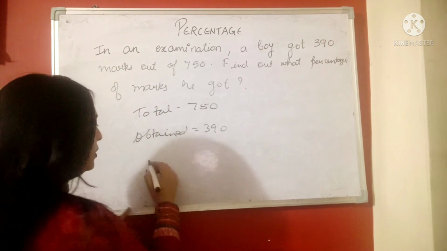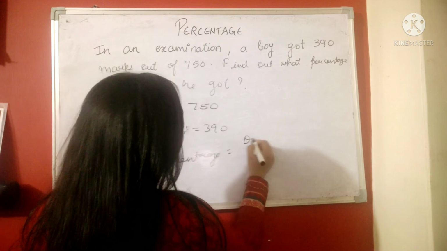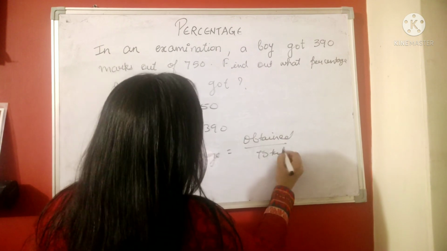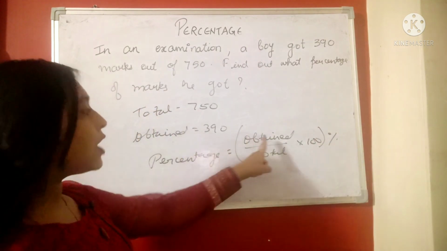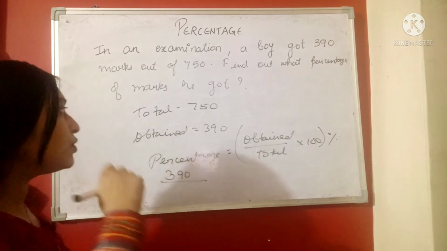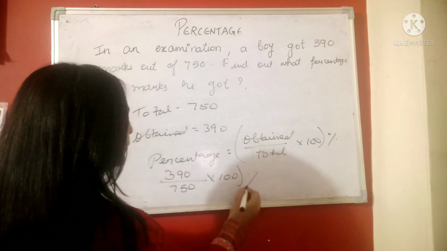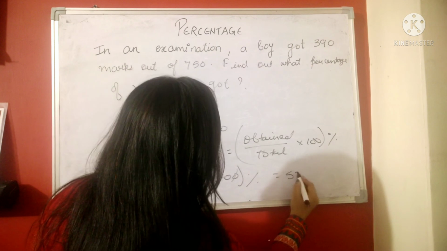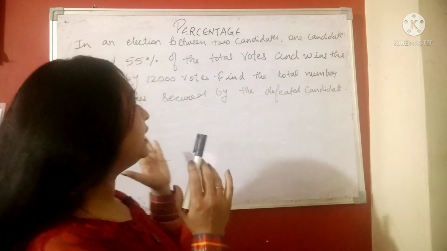The formula of percentage is marks obtained upon total marks into 100, and the percentage sign is there outside. So he has obtained 390 marks out of 750 into 100, and here we have the percentage sign. When we solve this, we will get 52% as the answer.